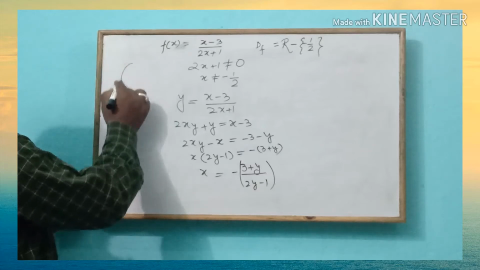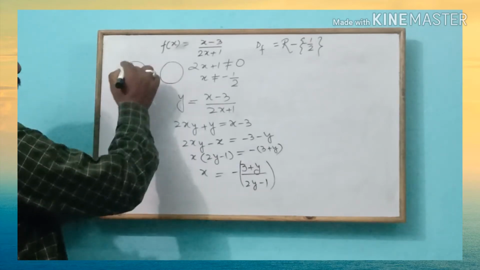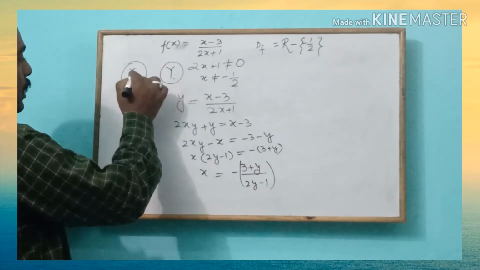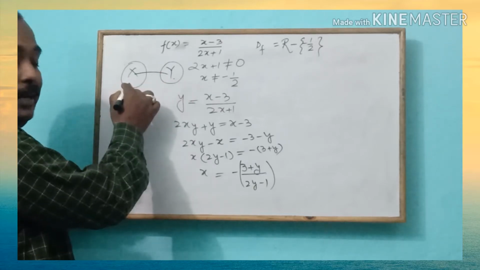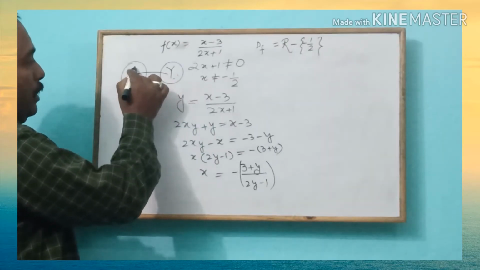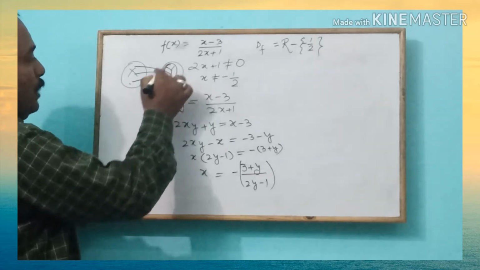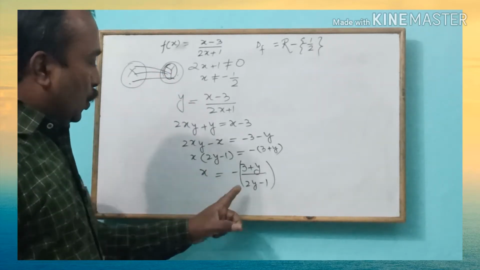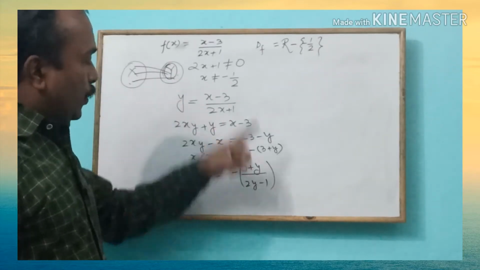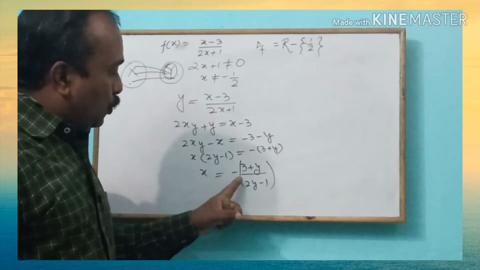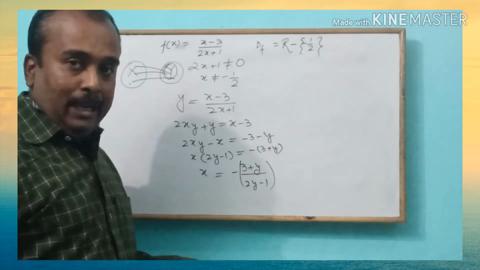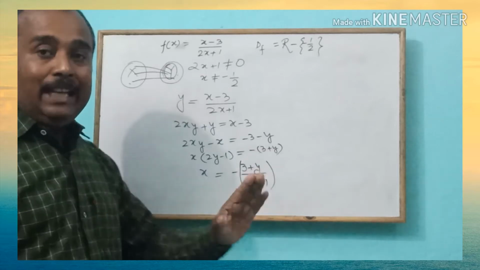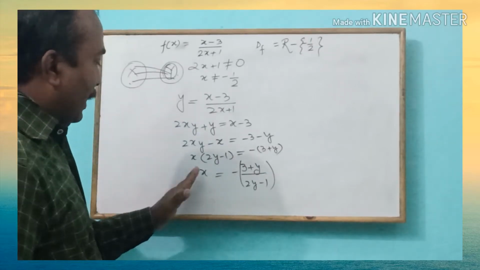So let us visualize this figure. This was x, this was y. These are the values of the domain, these are the values of the range. So we should visualize, for what values of y do we not get any infinite value of x.